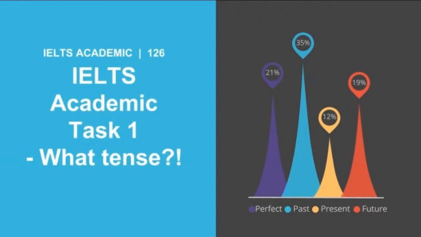It would be a good idea to review those and write some sample sentences, do the look, cover, write technique, where you look at the sentence, cover it up and try to write it from memory, maybe do some translations and a quick review. So let's have a look. When are we going to use the past tense?